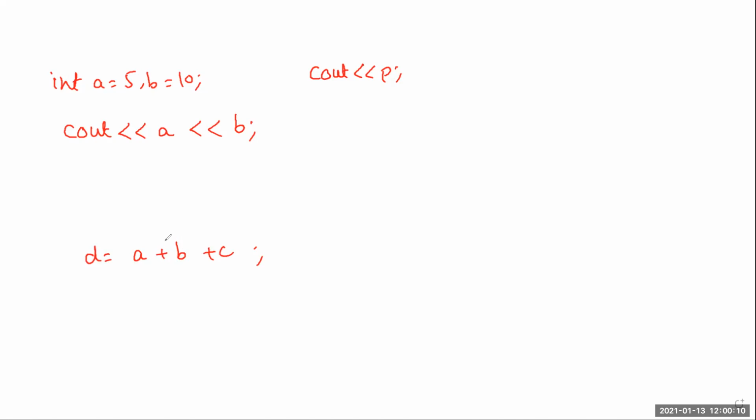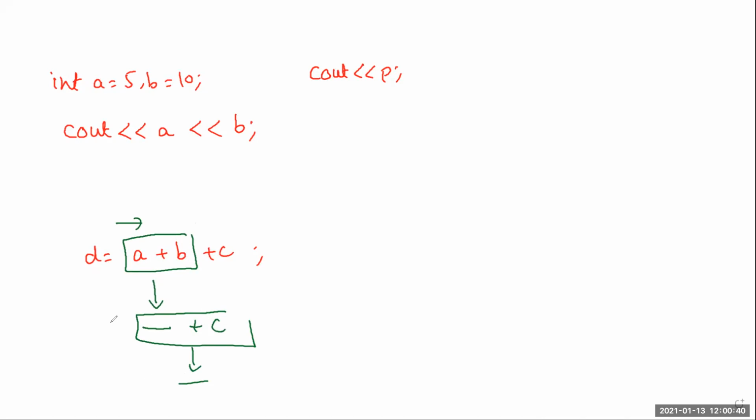Since it is the same operator, the precedence is the same, so you work left to right. First you add A and B, you get an integer as a result, and whatever is returned by A plus B, which is again some temporary integer, is then added to C, so you get the final answer which goes into D.